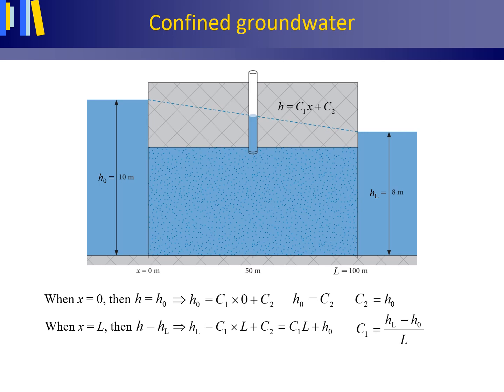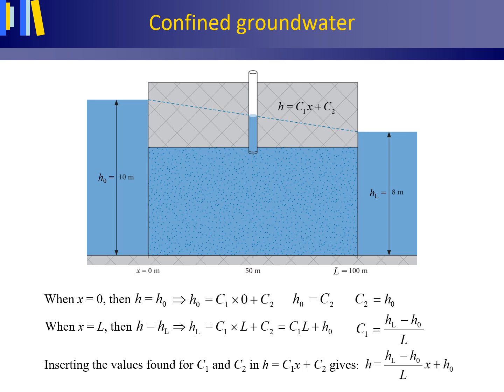Now insert these values for C1 and C2 in the original equation H equals C1x plus C2. Inserting the values found for C1 and C2 in that equation gives this final equation: H equals HL minus H0 divided by L, multiplied by x, and then plus H0.